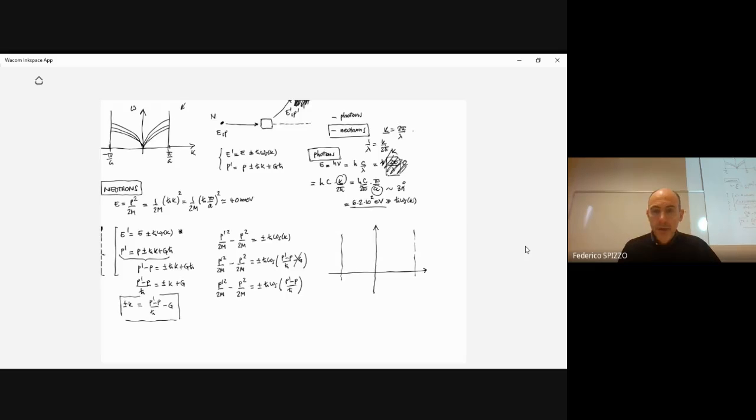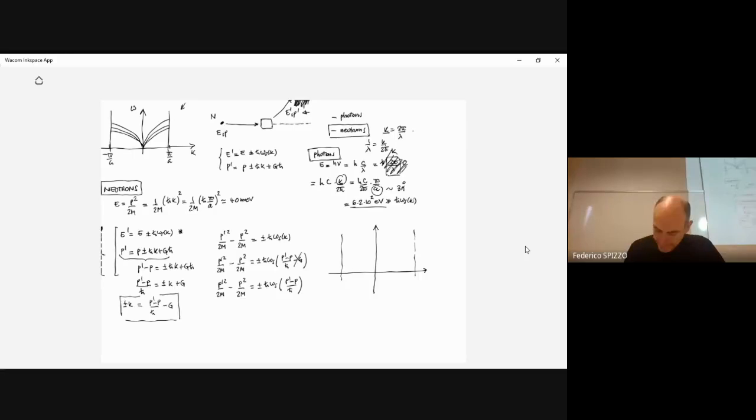So p prime minus p are features that we may access experimentally, because p prime, as represented here, is the momentum of the neutron after the interaction, and momentum and energy are strongly related due to the fact that the energy is the square of the momentum.